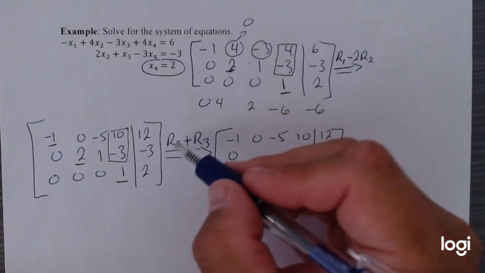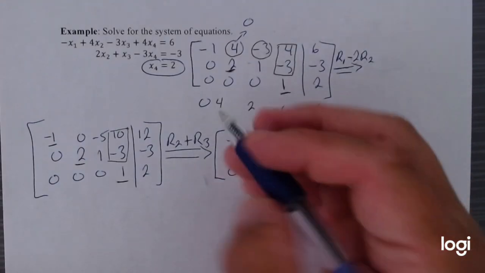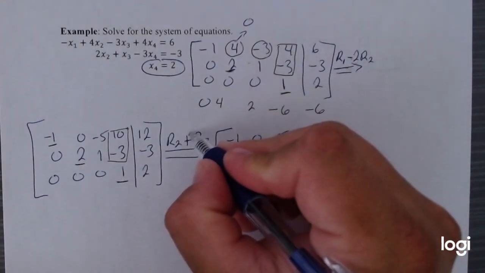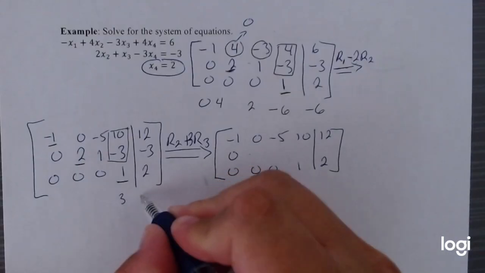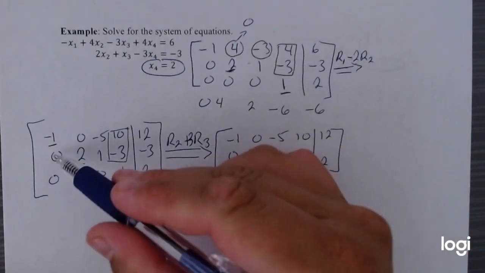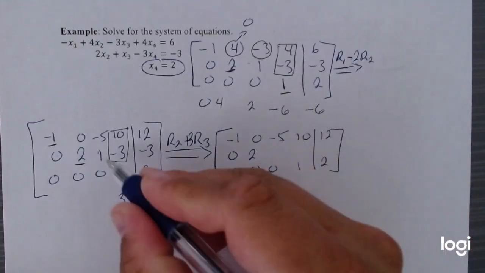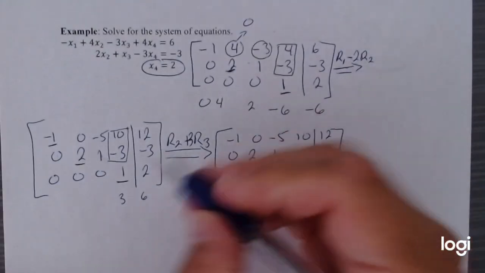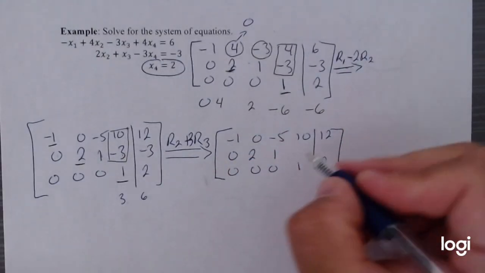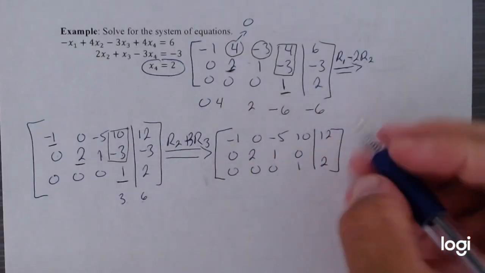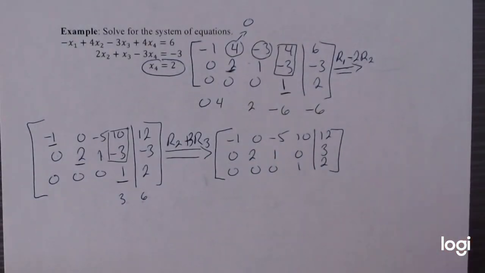Okay, all right. So I have to multiply this by 3, sorry. So this can be 3 and then 6. Right, this plus this is 0, this plus this is still 2, this plus this is still 1, this plus this now is 0, and this plus this is now a 3.